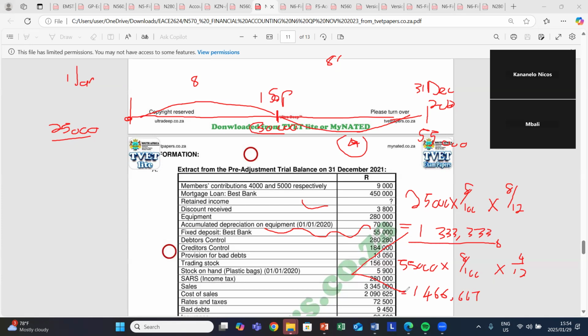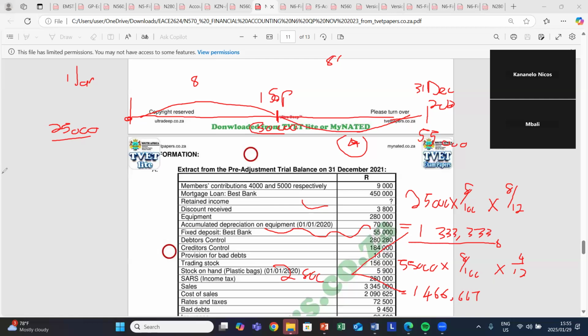And then I think we'll get 2,800. Yes, it's right. So interest income for the current financial year is 2,800.